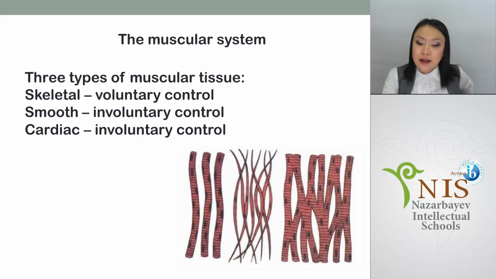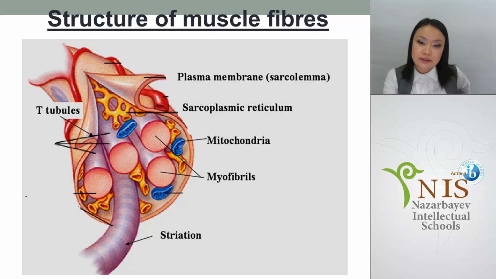Smooth muscle consists of only one nucleus, and cardiac muscle in structure is close to skeletal muscle, and it is also involuntarily controlled.